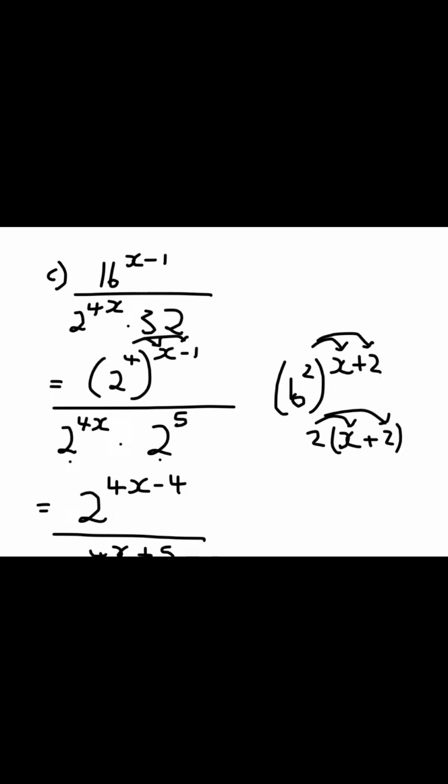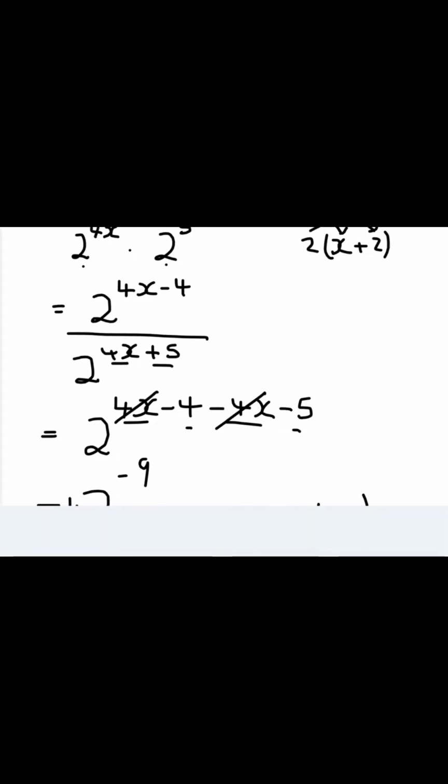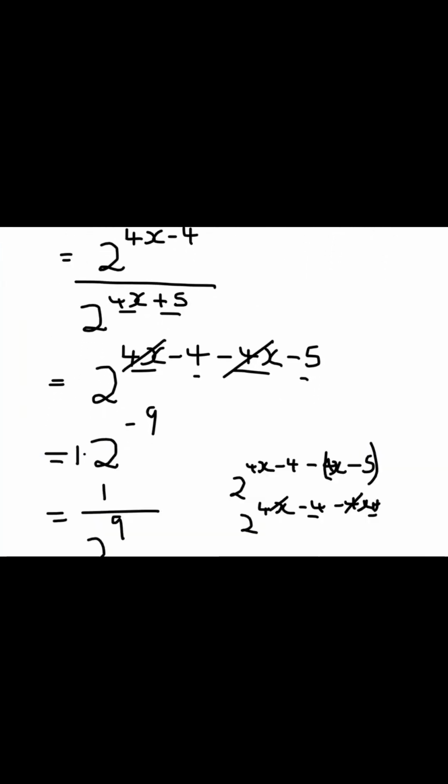Where you see x, you put 2. Then at the bottom it will be 2 to the exponent of 4 into 2, because where I see x, I put 2. Then that multiplies by 32. When I say it's equals to, it must give me that final answer being 1 over 512. Yes, it does. So that means what I've done is correct.